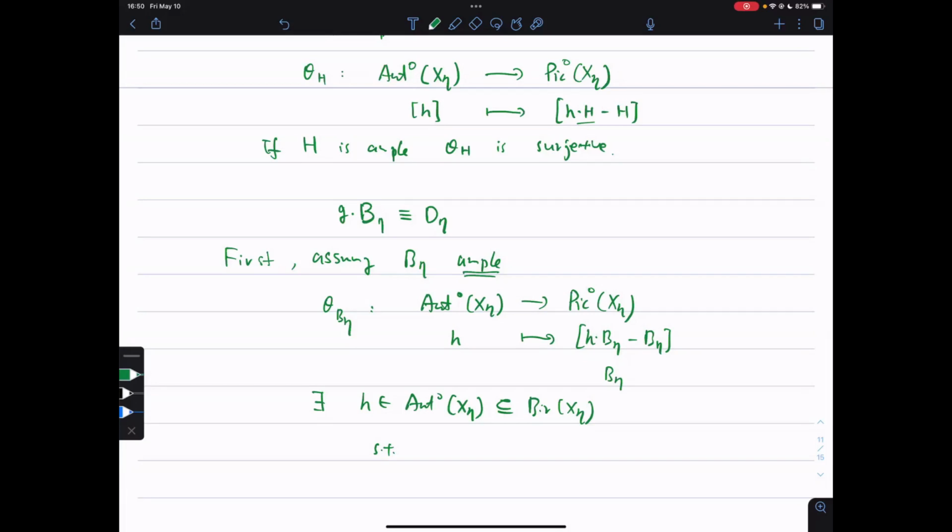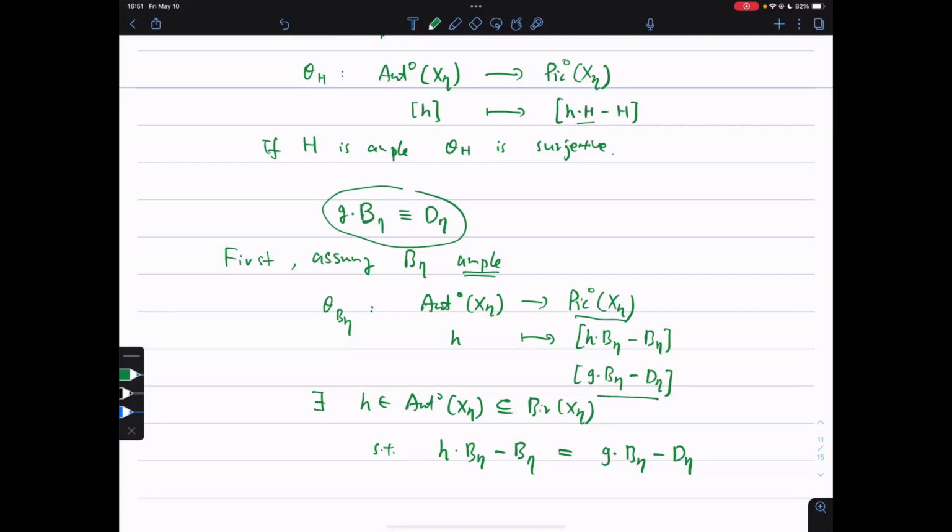Let me subtract the D_eta. We want H(B_eta) minus B_eta equal to G(B_eta) minus D_eta. From this, we know it's numerically 0, so this divisor lies in Picard 0.